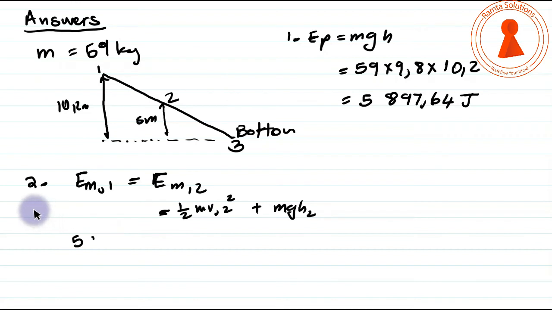I should have written half mv1 squared plus mgh1. I don't know why I wrote the 2 here, but let me fix it. So this is point 2.